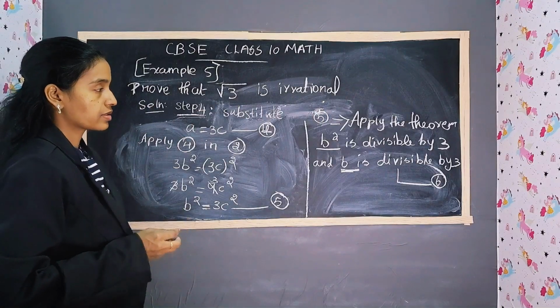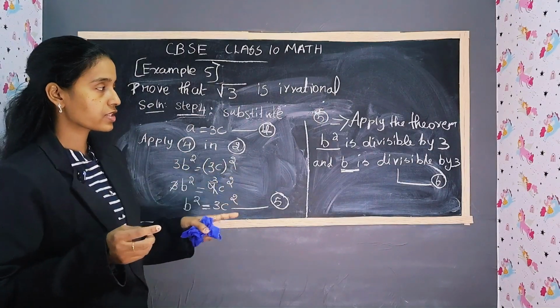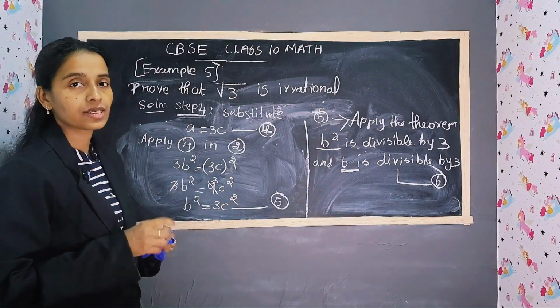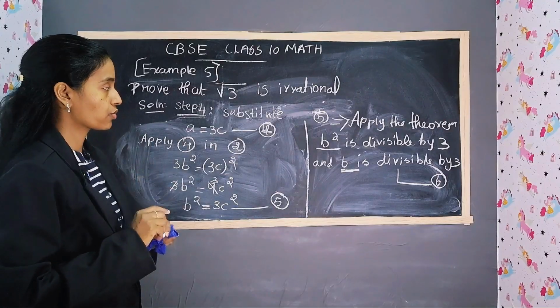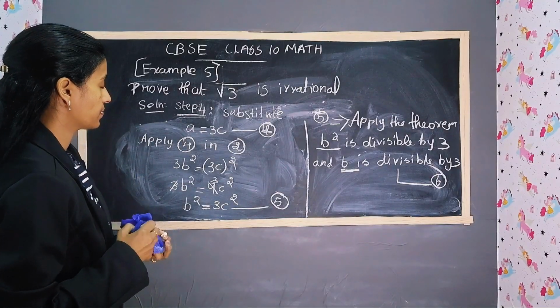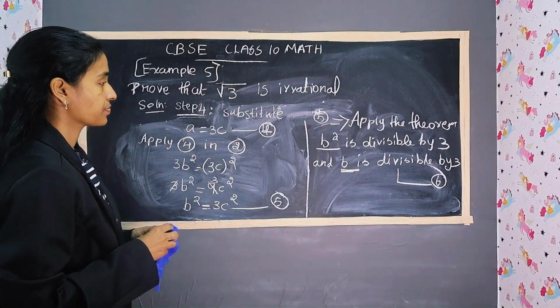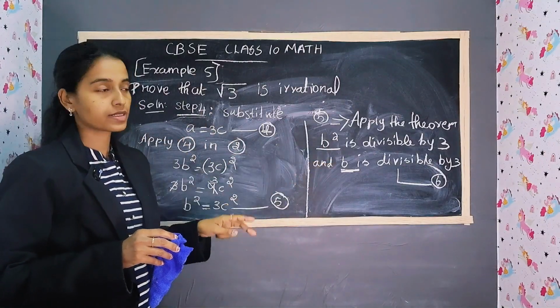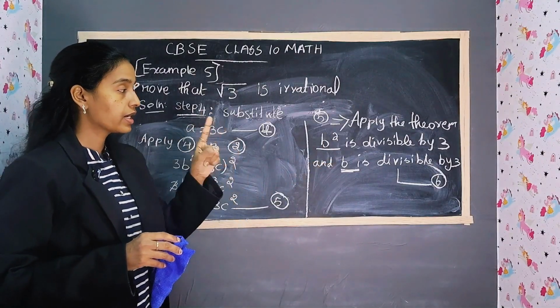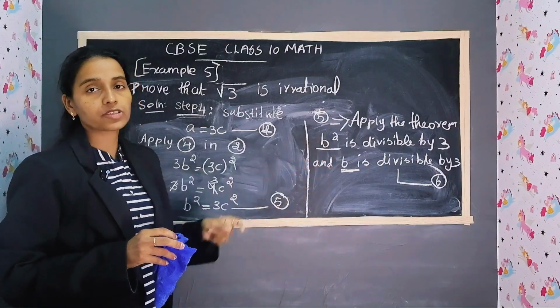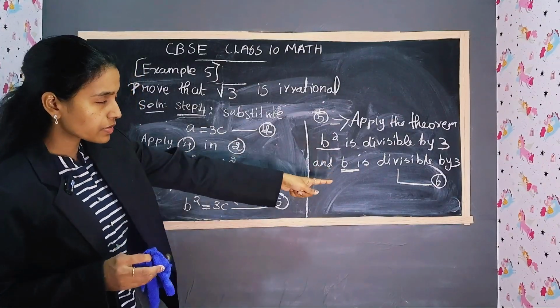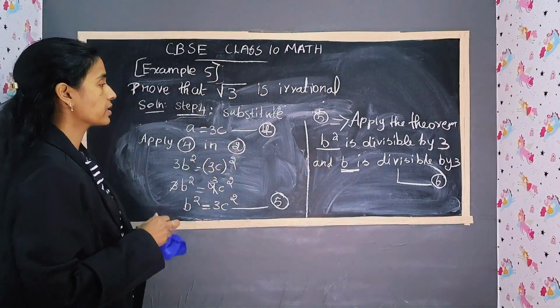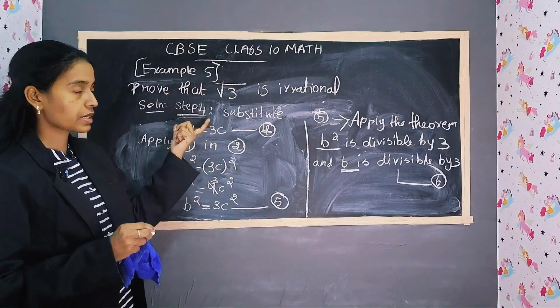What is the third equation? A is divisible by 3, right? Equation number 3 is a square is divisible by 3 and a is divisible by 3, and equation number 6 is b is divisible by 3. This is step number 4.